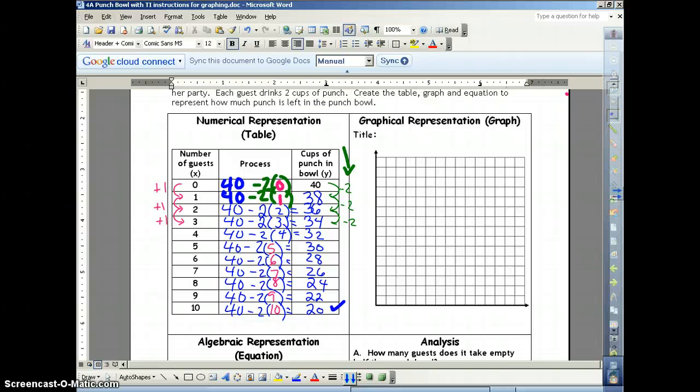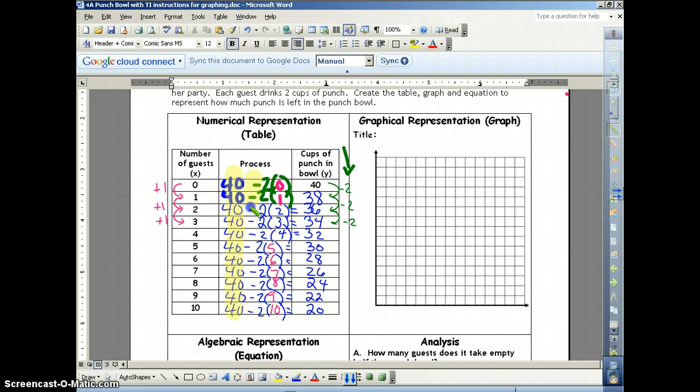You know, if you can get your process done, that's probably the hardest thing on this whole placemat problem. And I want to tell you that once you have your process done, your equation drops out of it. Your equation will drop out of this because I notice in my process, the 40 never changes. It's always the same.